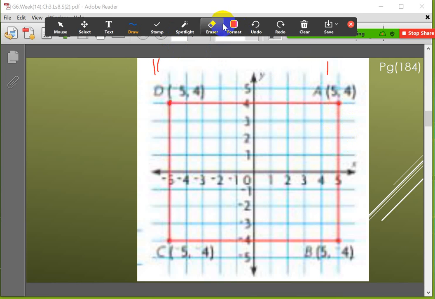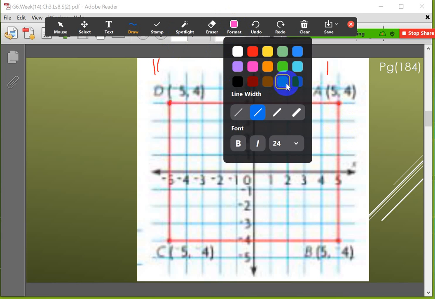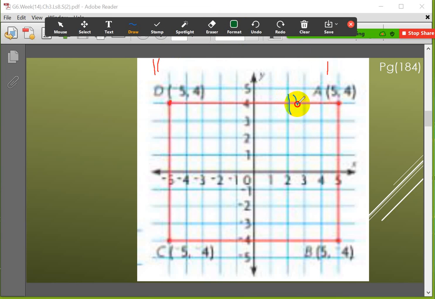This distance here, I will draw it in green. This distance and this distance are the same. So they are reflections, like A is a reflection of D according to the y-axis.